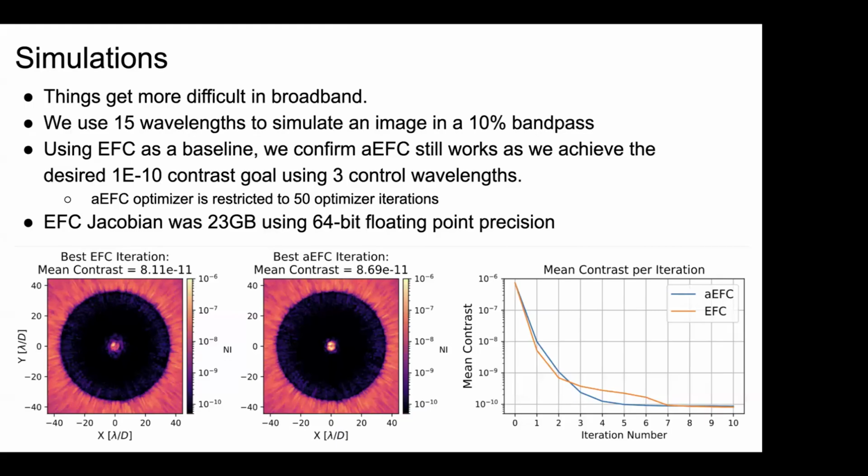So what's the memory requirement for the aEFC? Oh, we have not done that trade study yet. It's much smaller than 23 gigabytes, though. It's probably around 1 gigabyte, because the only things you're storing in memory are the arrays for the optical model. Your pupil, 96 by 96, those are the DMs.